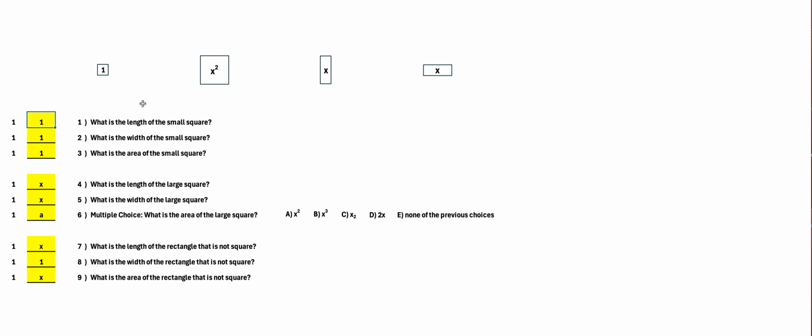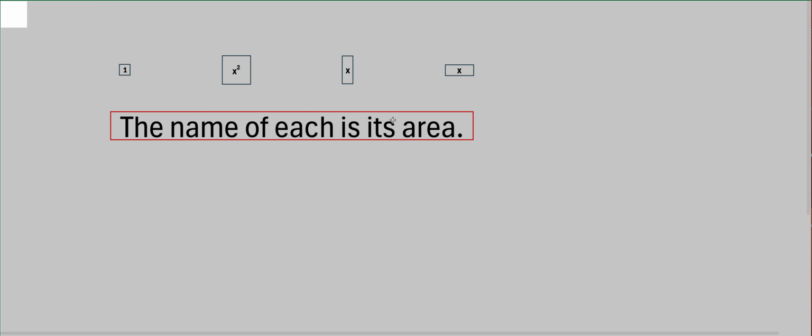And we like to name these things by their area. So the area of the small square is 1: 1 here, 1 there, multiply length times width, 1. X here, multiply X times X, you get X squared. 1 here, X here, length times width, X. So the name of each is its area.